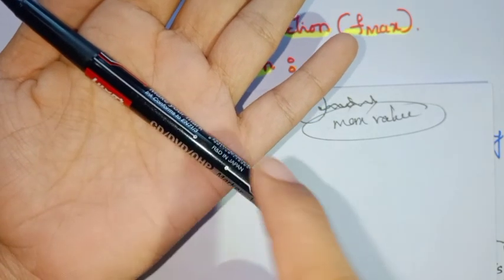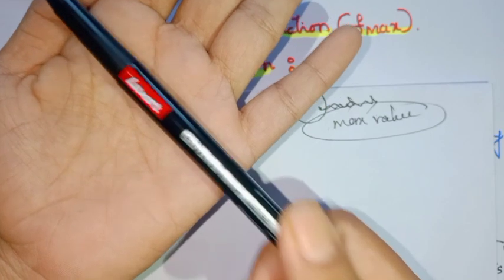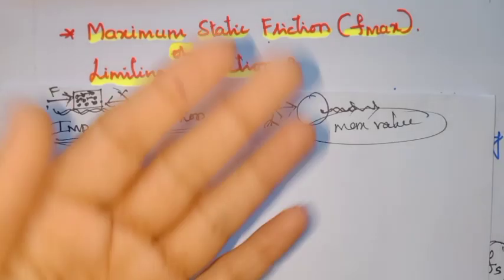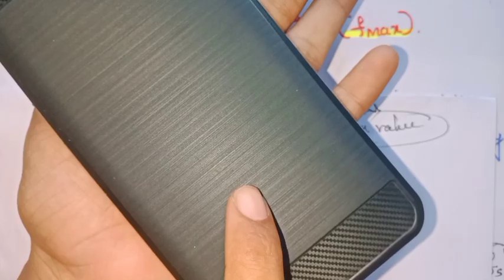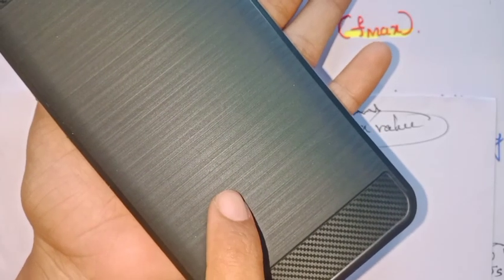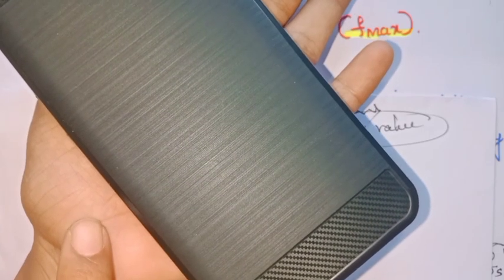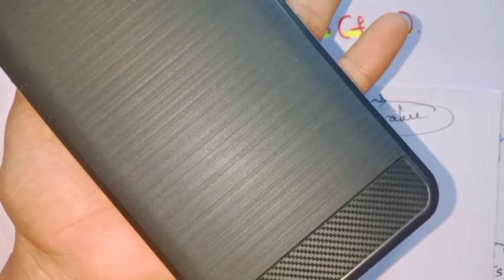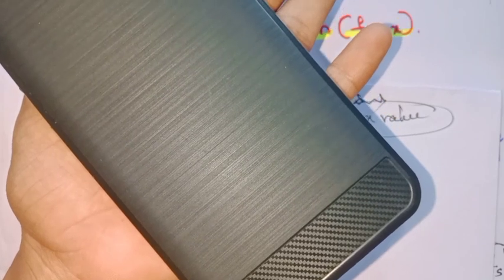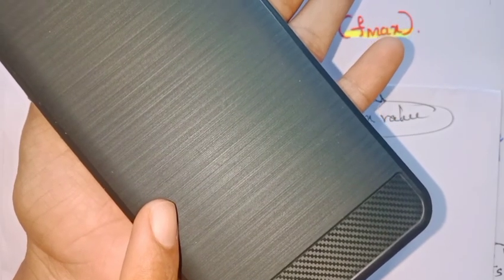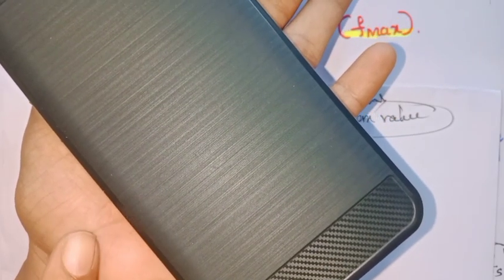Now instead of this object I will put another object. So now on the same hand I will put this cell phone. When the cell phone puts force on my hand, an equal force is developed by my hand opposing the weight of this cell phone, and hence the phone is balanced on my hand.